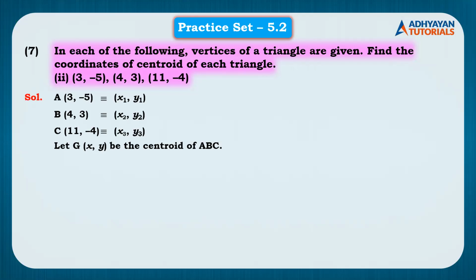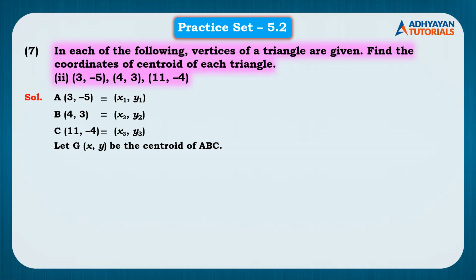The coordinates we are supposed to find out, we consider them as x, y because they are the coordinates we are yet to find. So as we have written down, let G(x, y) be the centroid of triangle ABC.